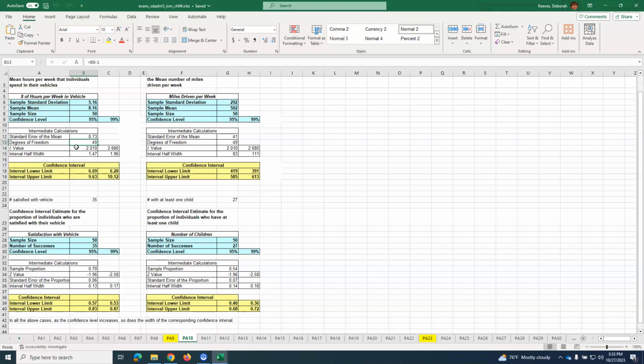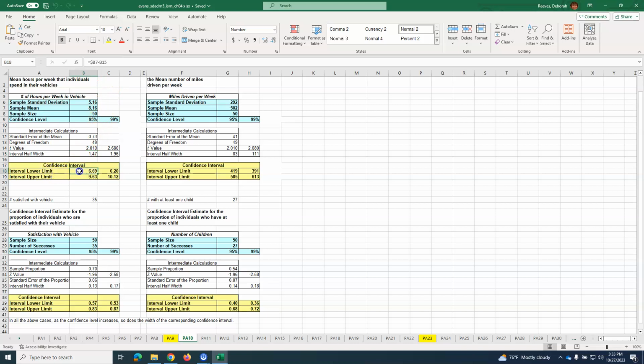Don't forget, you're always going to subtract 1. The t-value, here's what you're going to use. You're doing the subtract here, and B13. This is going to be for the 95, and this is going to be for the 99. And then you're going to do this.